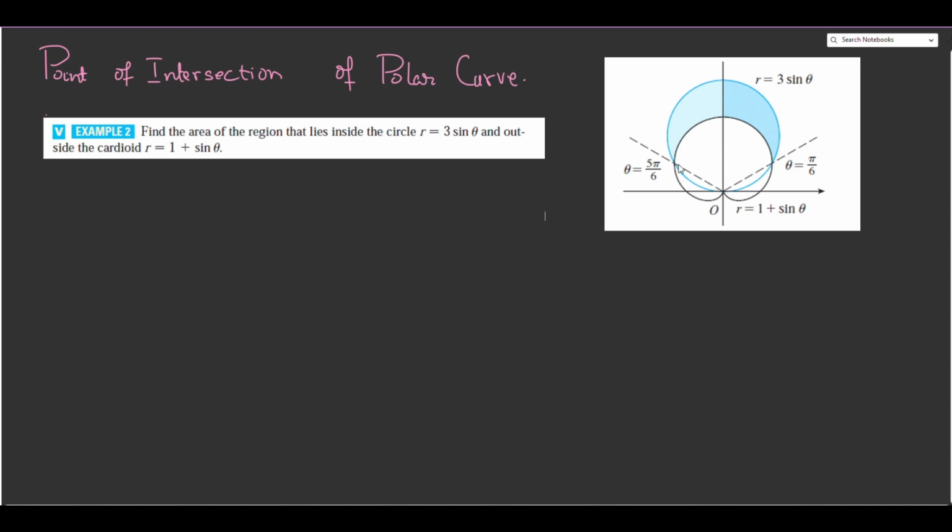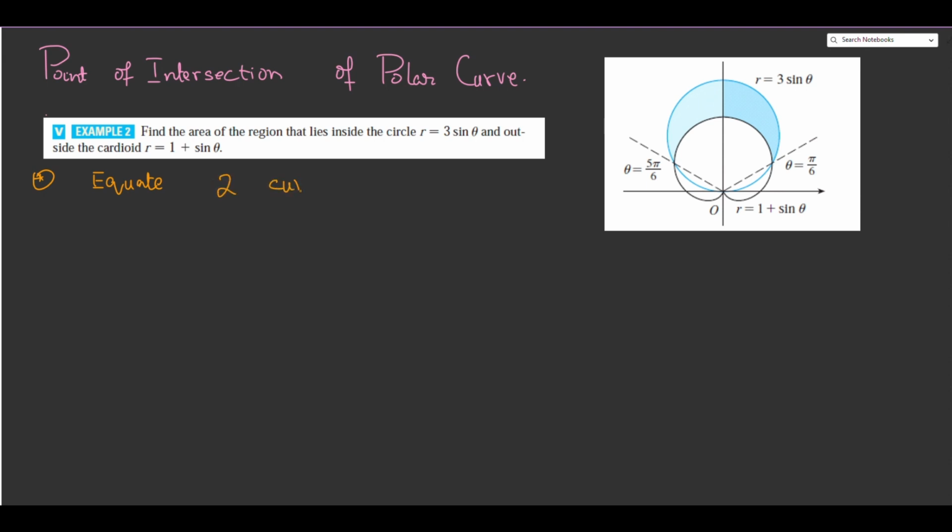So how can we find these points of intersection? In order to find the points of intersection, you have to put these two curves equal to each other. You need to equate the two curves.